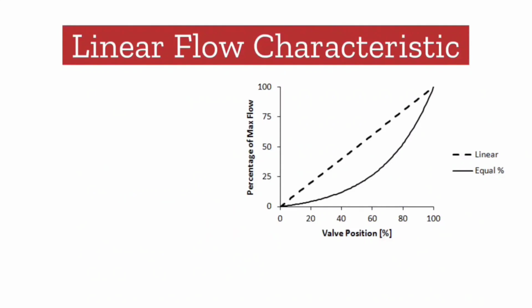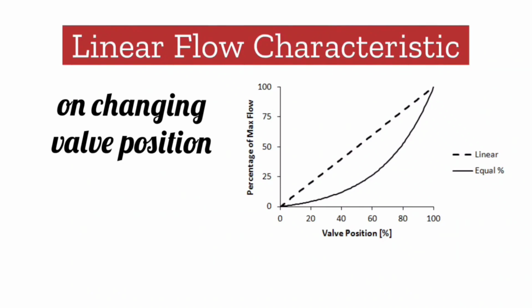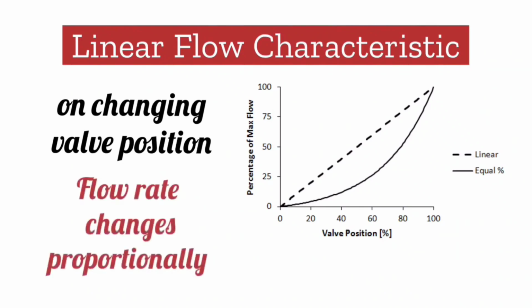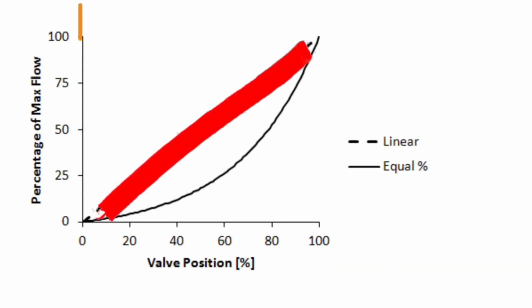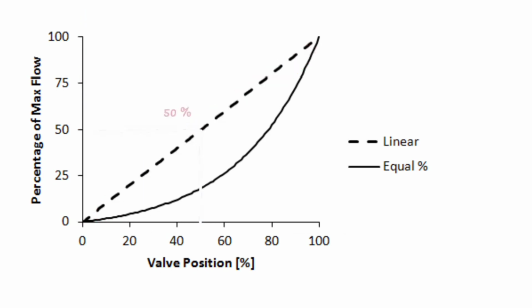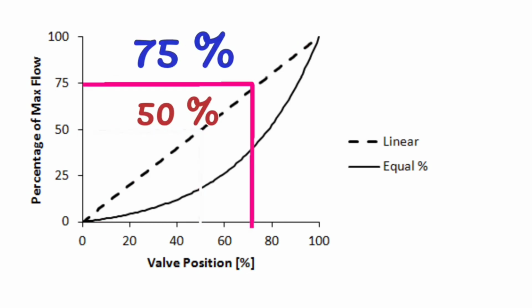In linear flow characteristic, when there is a change in the position of the valve, there is a proportional change in flow rate. In linear characteristic, the graph between valve opening percentage and maximum percentage flow is linear. In this, whatever percentage the valve is open, the same percentage of flow passes.